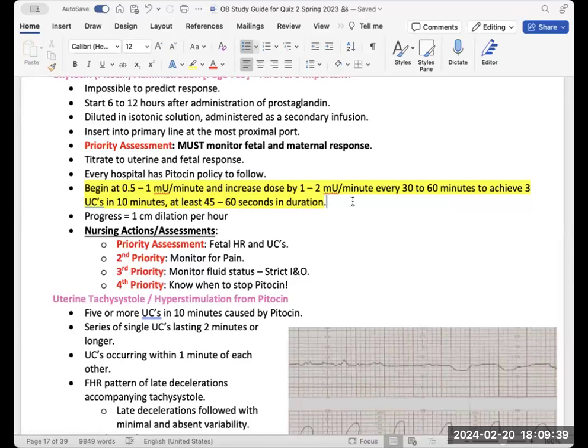So we basically give the oxytocin so that we can have 3 uterine contractions in 10 minutes that last at least 45 to 60 seconds in duration, okay?